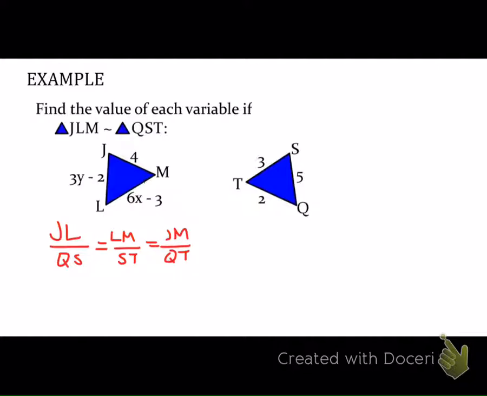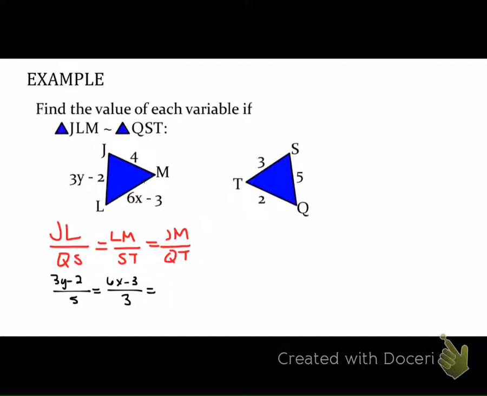So now I know that I can replace JL with 3y minus 2, and QS is 5. Since they're similar, we can do this. LM is 6x minus 3, and ST is 3.